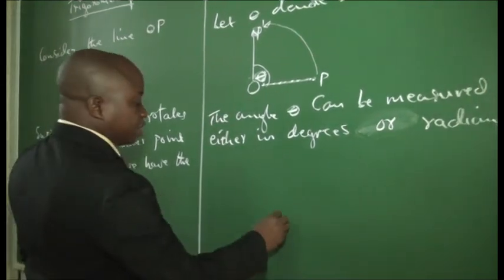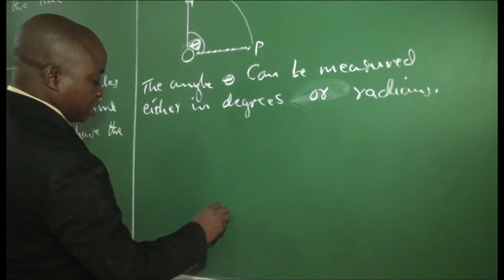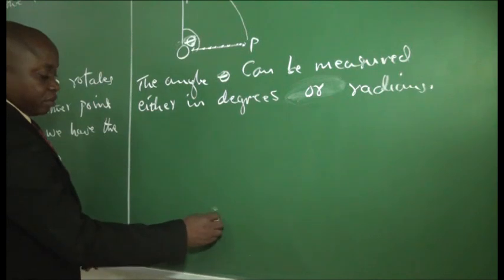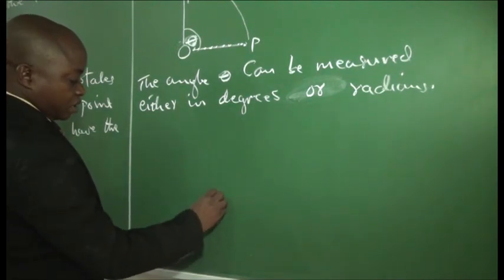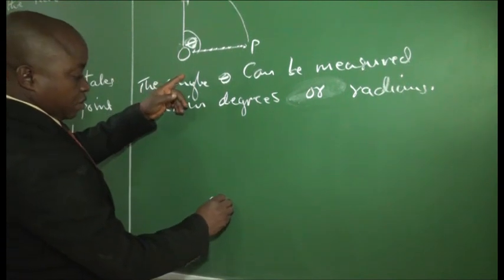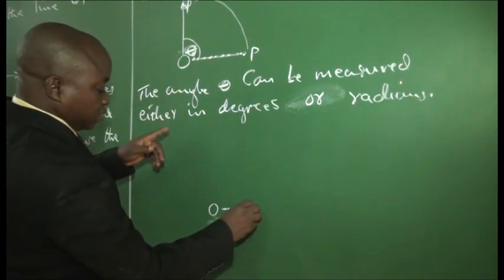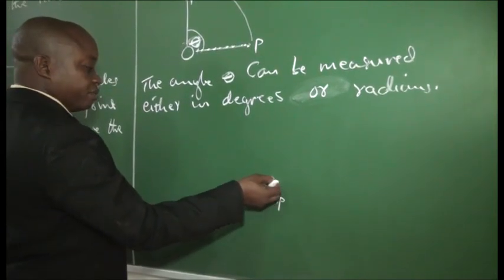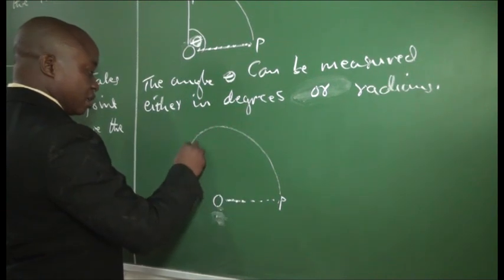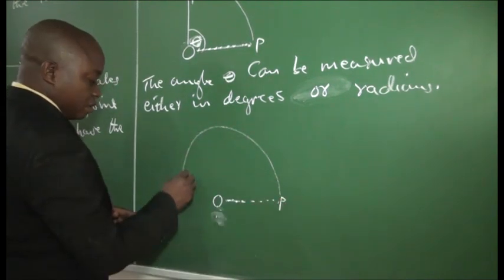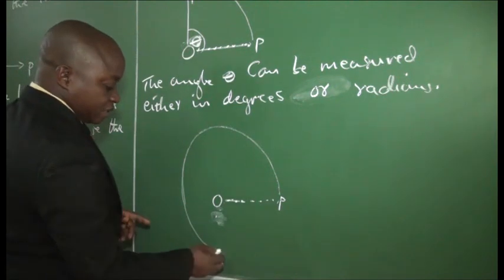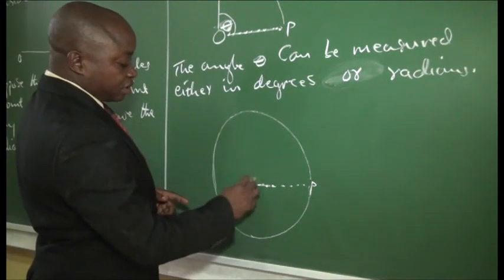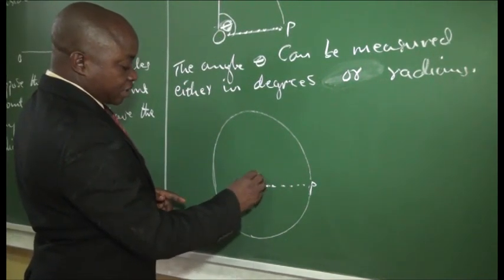Now look at this line. This is the position of O, where a line starts to P. If it rotates from here and back again to this point, then it has rotated 360 degrees.